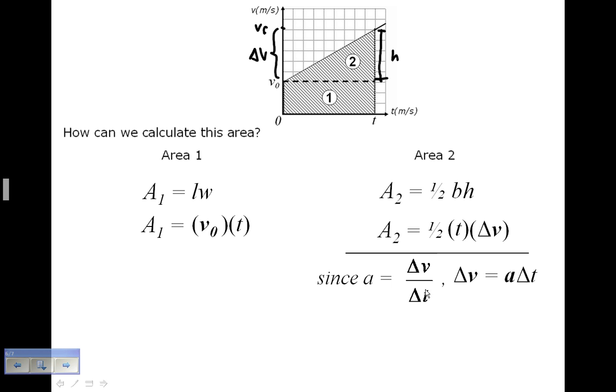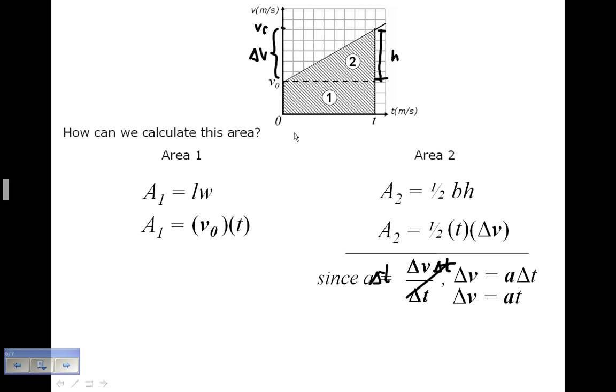If I multiply both sides of this equation by delta t, I can cancel here. And then, of course, I'd have to multiply this side of the equation by delta t also. So this delta v here, another way to represent it in terms of acceleration would be the acceleration multiplied by delta t, our change in time.